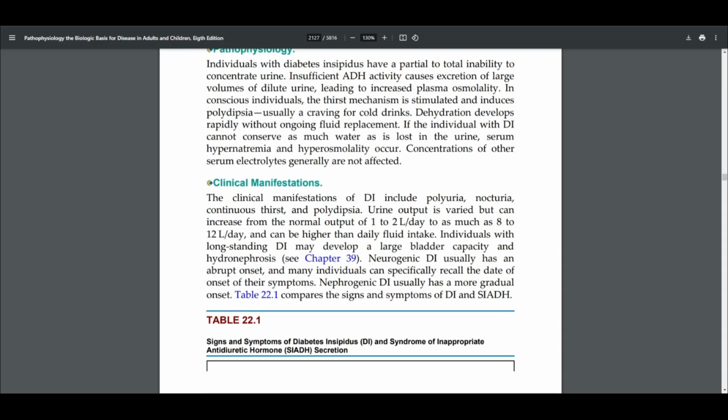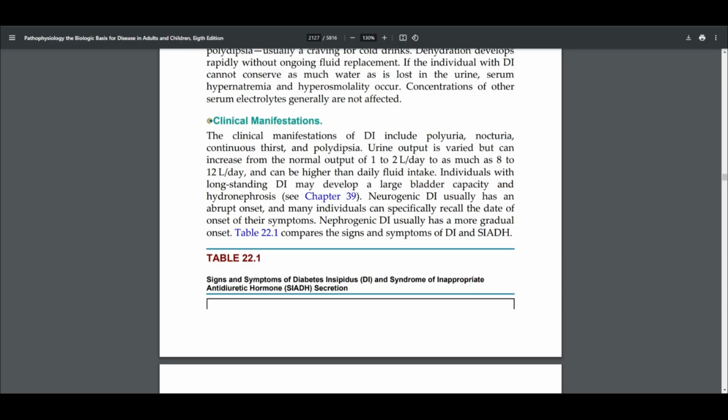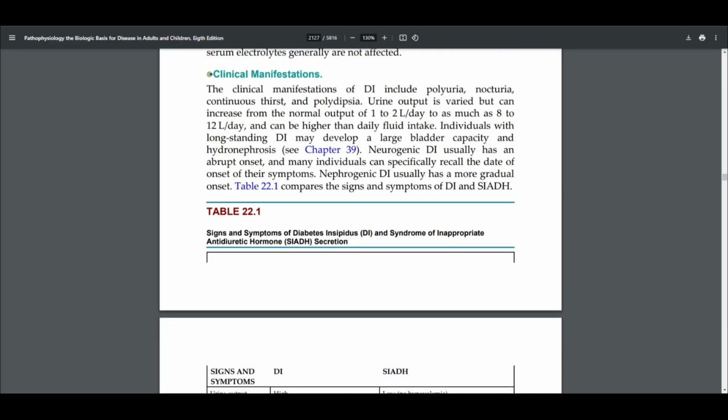So what kind of clinical manifestations do we see in diabetes insipidus? Well, they include polyuria, nocturia, continuous thirst, and polydipsia. Urine output is varied but can increase from the normal output of 1 to 2 liters per day to as much as 8 to 12 liters a day and can be higher than daily fluid intake. Individuals with long-standing DI may develop a larger bladder capacity and hydronephrosis.